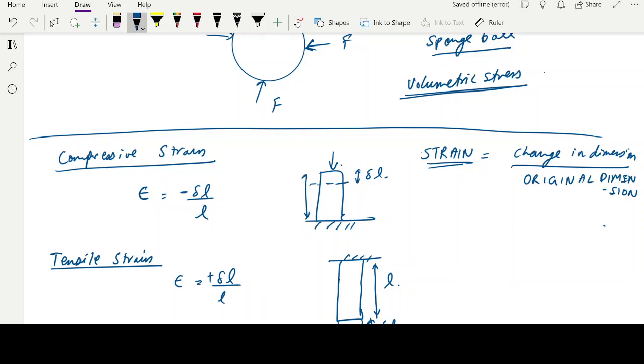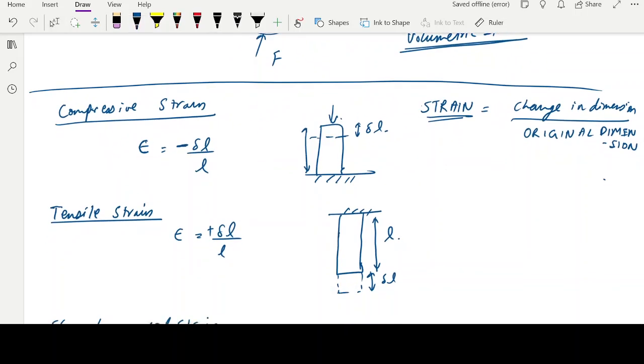For compressive stress, we have compressive strain. Compressive strain can be given by del L by L. Since del L denotes the decrease in length, the decrease in this longitudinal dimension, the compressive strain is denoted by a negative sign, minus del L by L.